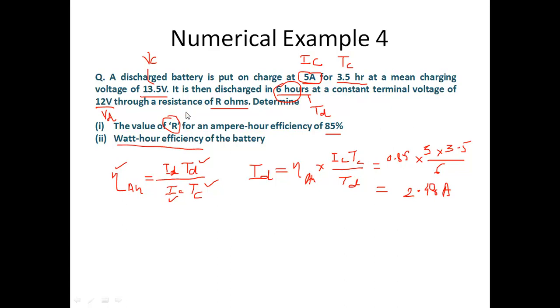Now for this battery, which is giving a 12 volt supply to the load, what should be the value of resistance R? This is simple to solve. We are using the relation V is equal to IR, and therefore the resistance value R should be equal to VD by ID.